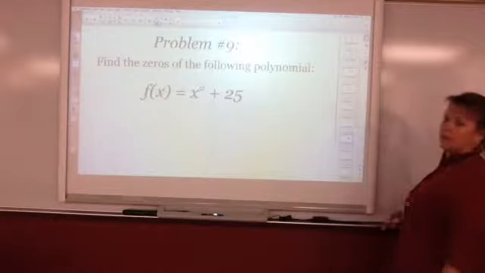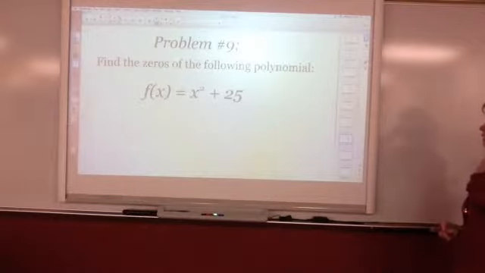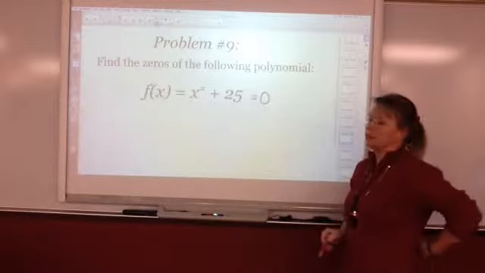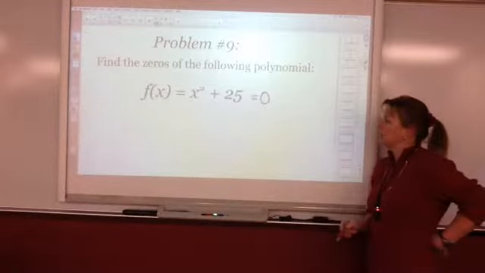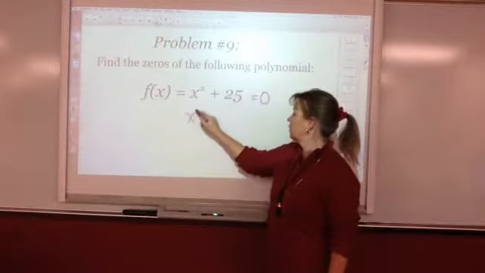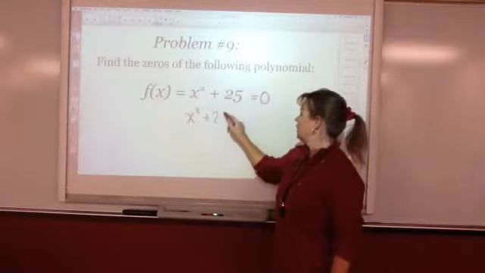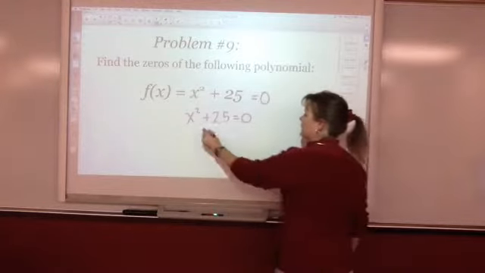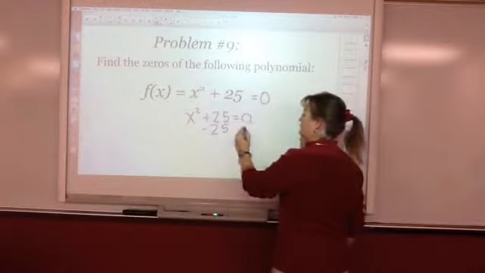Number 9 is our next. Find the zeros of this following polynomial. You can use the quadratic formula using 0 for b. You can factor it, sort of, or you can solve it algebraically. Try to isolate the x. Minus 25 from both sides.